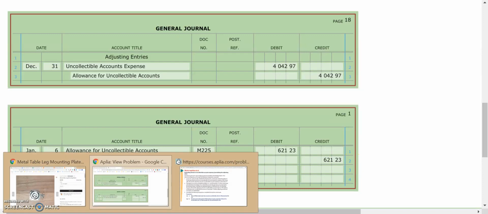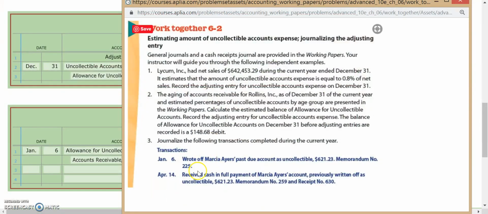However, sometimes certain things happen, and as it says on April 14th, we received cash in full payment on Marcia Ayers' account, which was previously written off as uncollectible. Notice that we have 2 source documents, so that's a good indicator that we need 2 transactions. Our first one, remember, is that we need to reopen Marcia's account, because right now Marcia's account has a zero balance in it, so we can't receive any money from her without it having a balance. So we have to reopen Marcia's account.